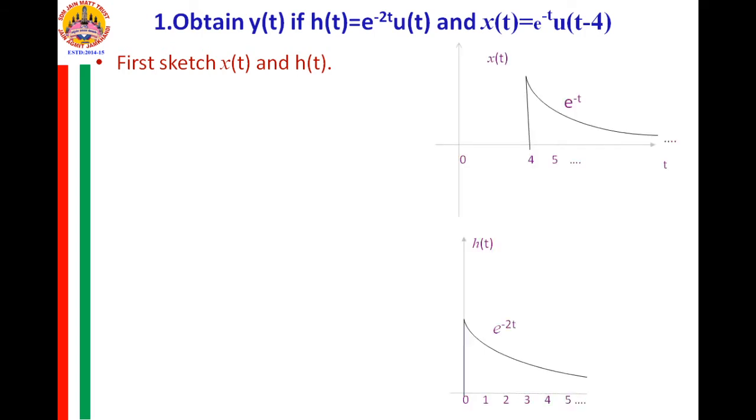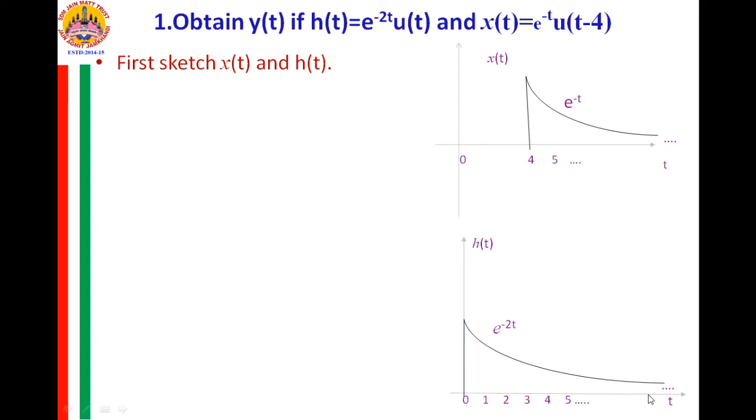So, as per these definitions of h of t and x of t, let us sketch this x of t and h of t. So this is the sketch of x of t and this is h of t. You observe here x of t exists from 4 onwards up to infinity with amplitude e raised to minus t, and h of t is e raised to minus 2t from t equal to 0 onwards up to infinity.